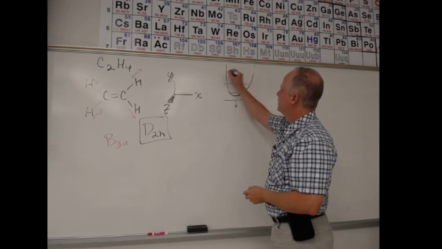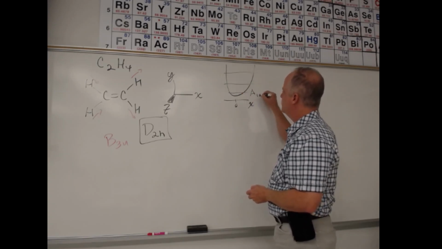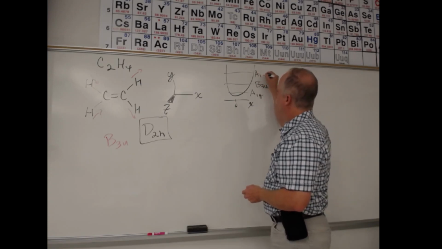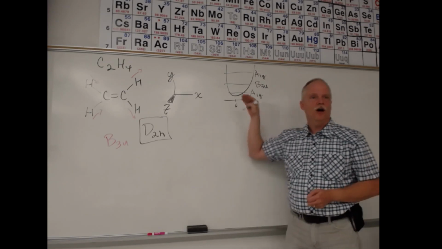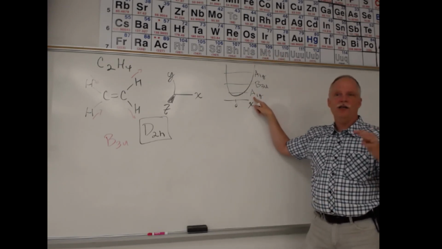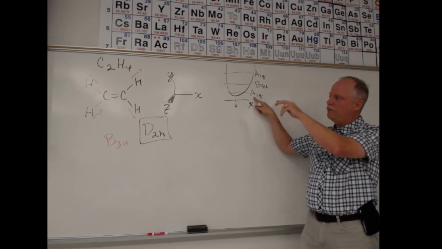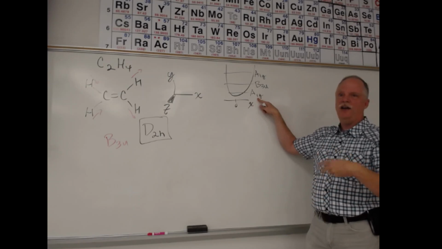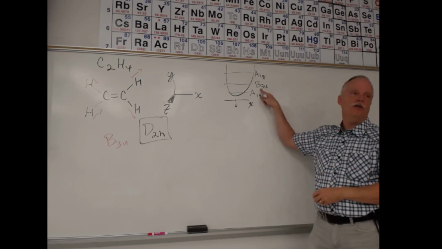And we have these energy levels. So it goes A1g, B3u, A1g. It alternates. So we know if we're in the ground state vibrational level for this molecule, it's A1g, and the first excited state is B3u.